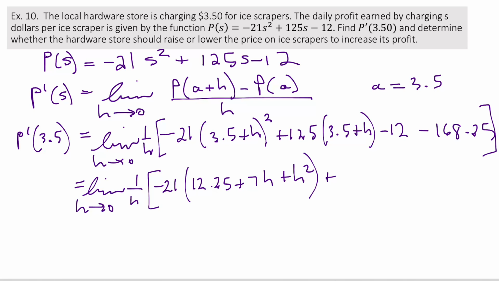So 125 times 3.5 is 437.5, 125h. Then I've got minus 12 minus 168.25.